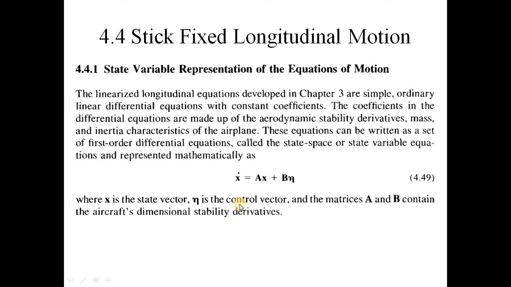Because it's coming from the control surface, for example from the elevator, from the thrust of the engine, from the aileron, from the rudder, or kalau thrust vector tu ada vector kan, ada boleh. So basically it's from the control system that controls the motion of the aircraft.